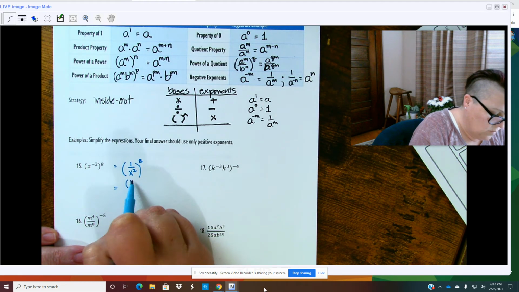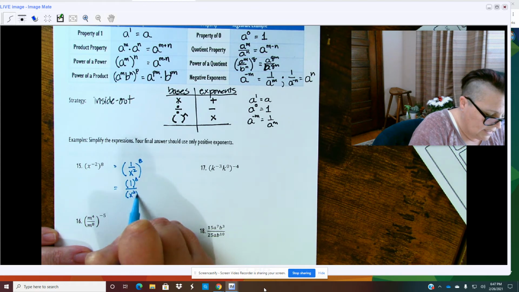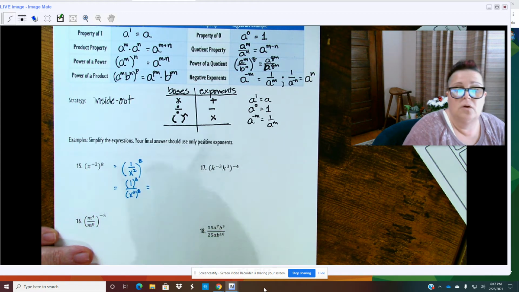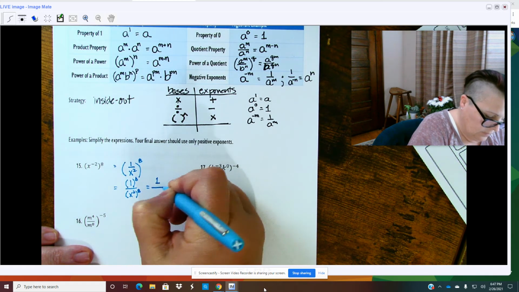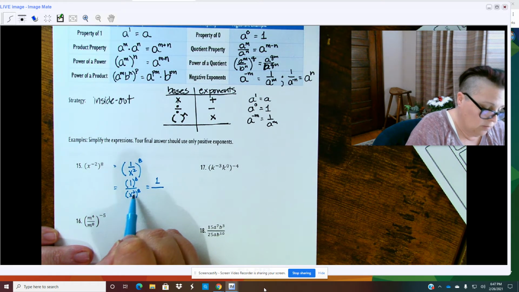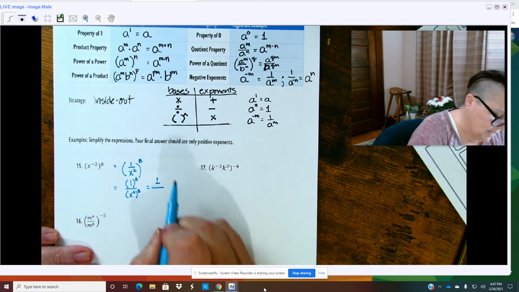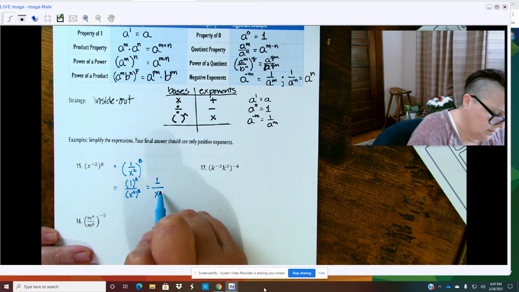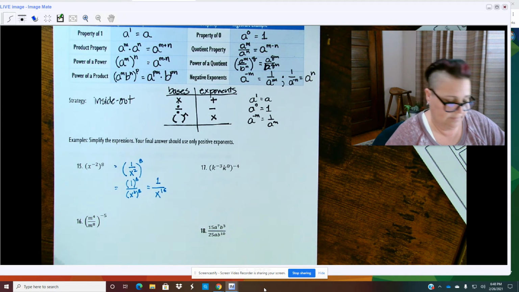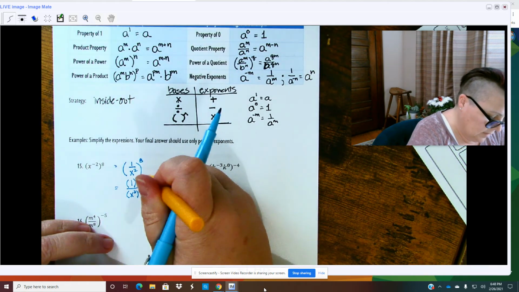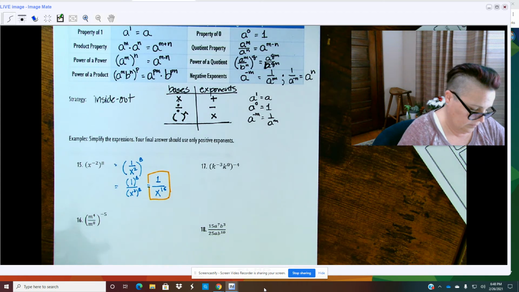This is going to be 1 to the 8th over x to the second to the 8th. 1 to any power is always going to be a 1. And here I have a power to a power, which means I can multiply those exponents. 2 times 8 is 16. Ta-da! Done. I only have positive exponents, so I'm good.